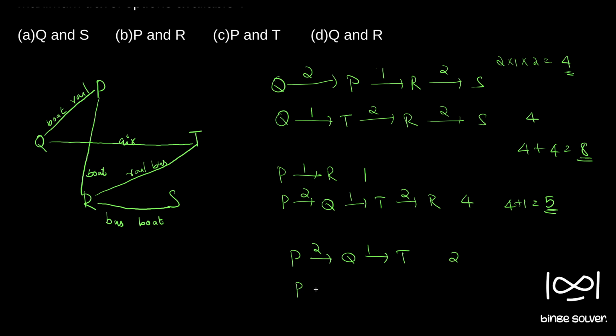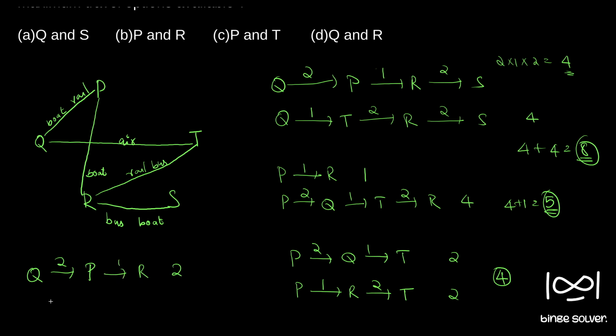And P to R, which is 1, R to T, which is 2. So total 2 combinations. So sum is 4 combinations. So here 5, 8. Only one more, Q and R. So Q and R, we can go from Q to P, which has 2 combinations, and P to R, 1 combination. So total 2 possibilities.